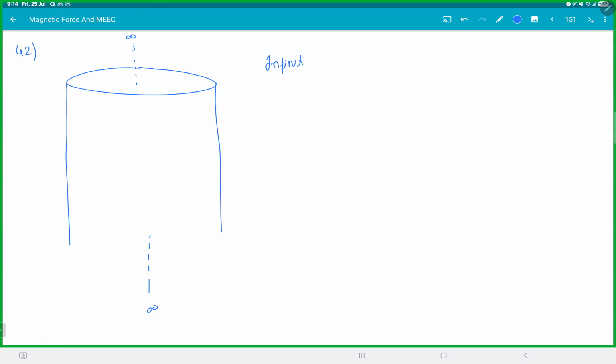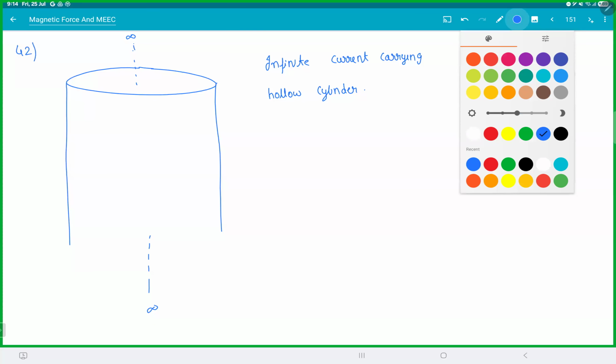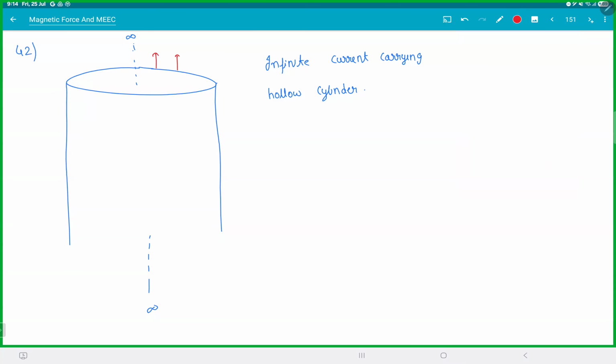Infinite current-carrying cylinder. So here the current is flowing on the surface.